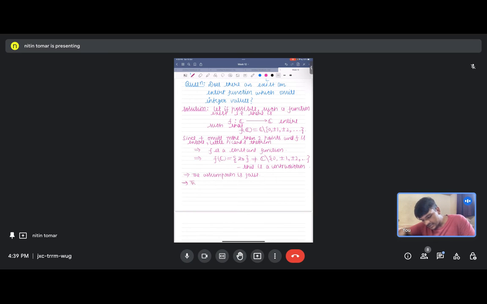So the assumption being false means there is no entire function which omits 0, plus minus 1, and so on. Is this clear to all of you now? Yes, sir. Sure? Because I will ask another question.